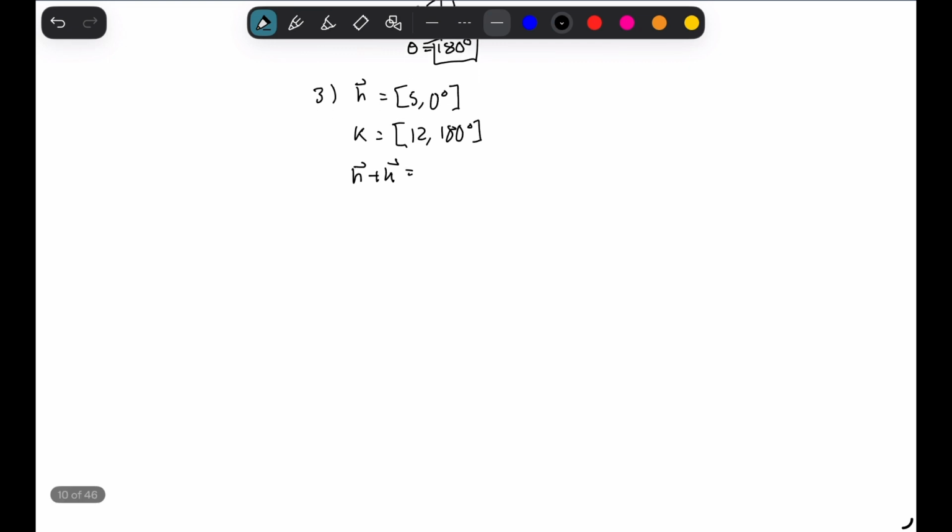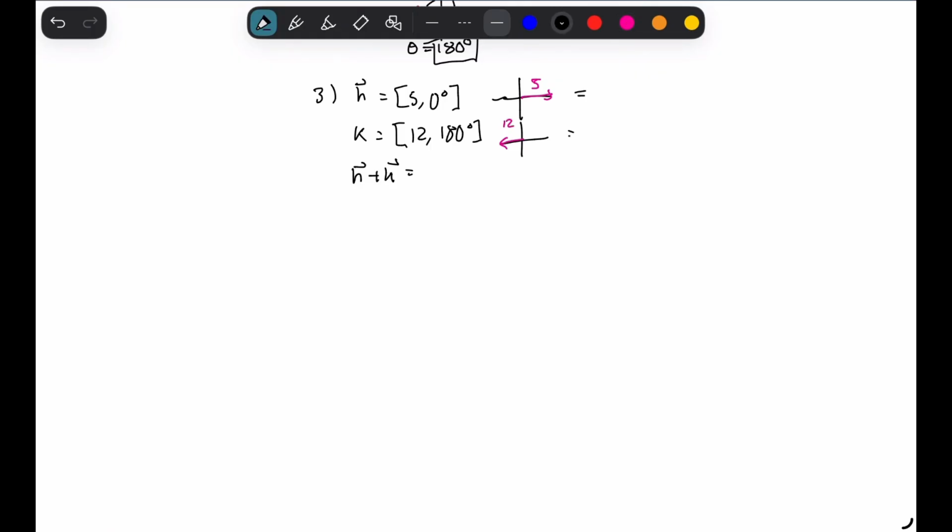If we have h, you're going to have 0 degrees, which means you're going to the right, and it's going to be 5 long. Now for this, we're going to go in the 180 degrees direction, and it's going to go left. So that's going to be a length of 12.